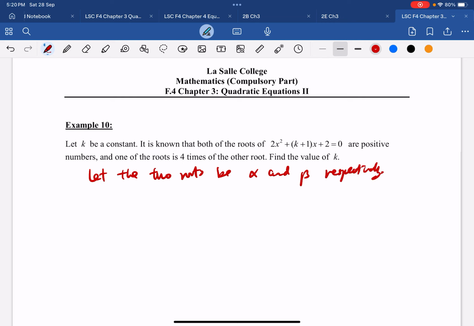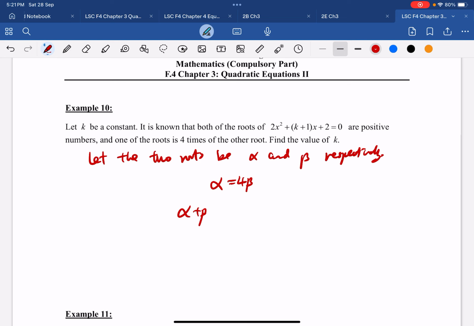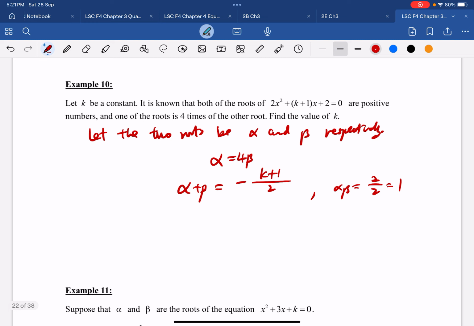One of the roots is 4 times the other root, say alpha equals 4 beta. Sum of roots: alpha plus beta is negative k plus 1 divided by 2. Product of roots: alpha beta is 2 divided by 2, which is 1. So you need to find the value of k.